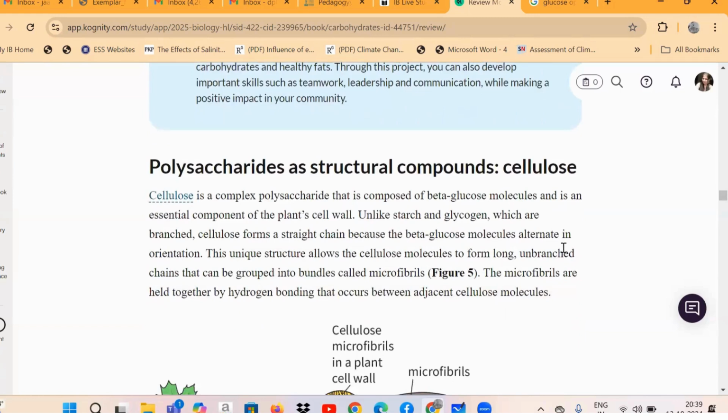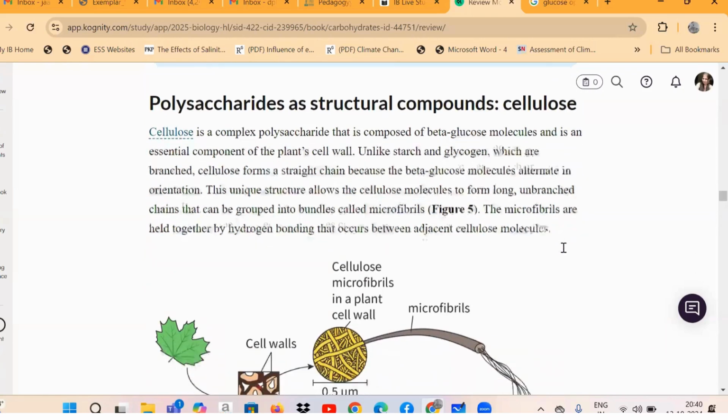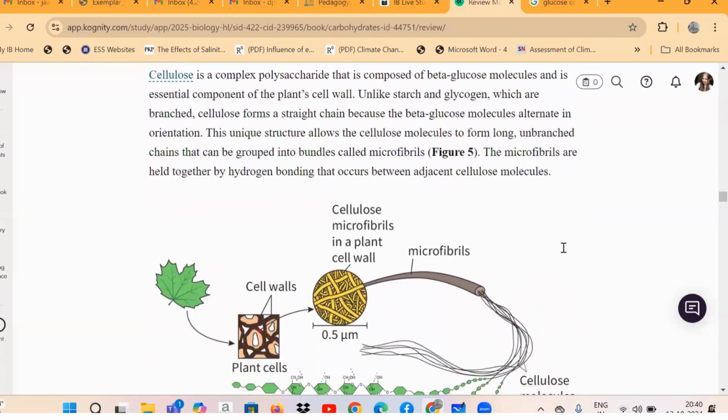Next, moving on to cellulose. So cellulose means the first thing we remember is the plant cell wall. Correct. The plant cell wall is made up of cellulose, and they are made up of beta glucose molecules. They are straight, unbranched chains with beta 1,4 glycosidic linkages. The orientation of the beta glucose monomers alternates, right?